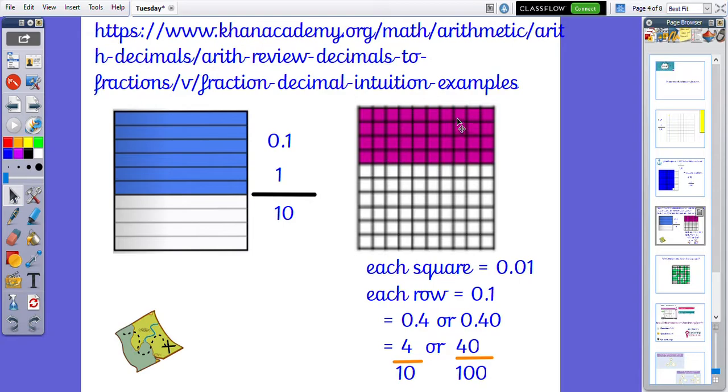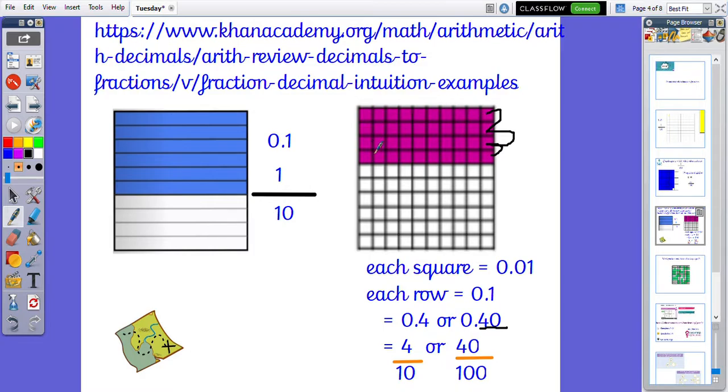So we can see that 4 rows have been shaded in. That means that we have 0.4 or 0.40. But remember, we don't have to put the 0 after here, but you can if that helps you.